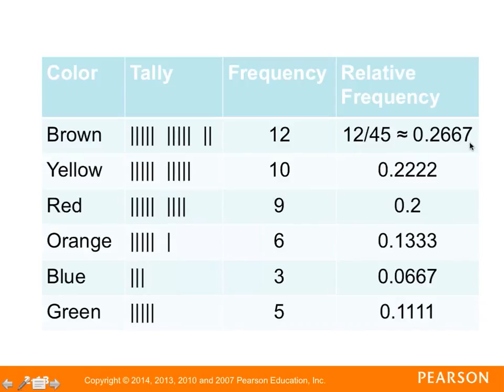So that means that out of your bag of M&Ms, about 27% of them were brown, about 22% were yellow, 20% were red, 13% were orange, only about 6.7% were blue, and about 11% were green. Now, one thing to note is that if you add up all of these relative frequencies, it should equal 1, because that is your whole or your total.